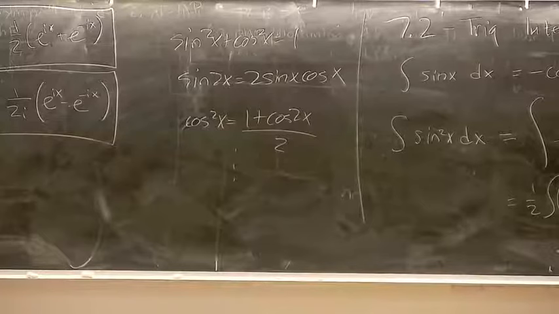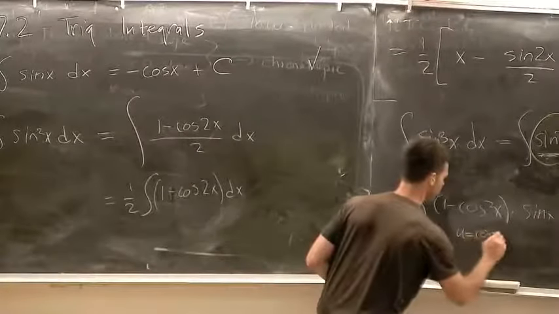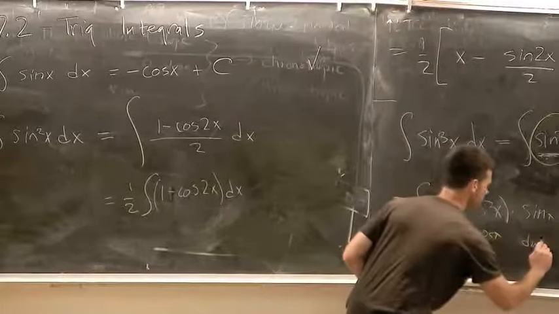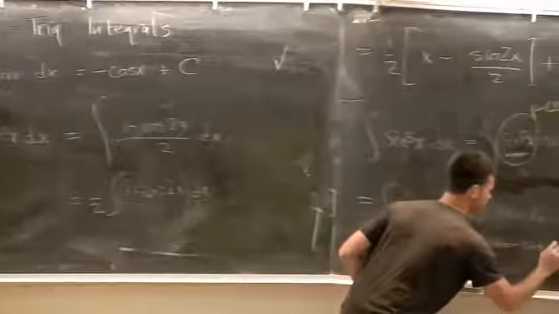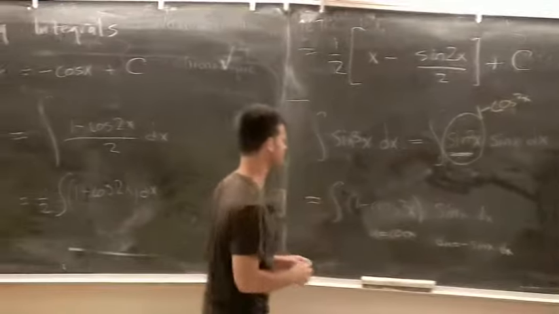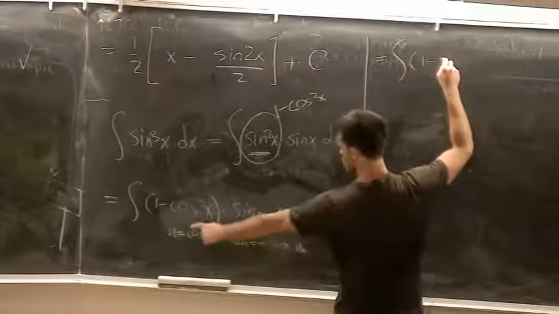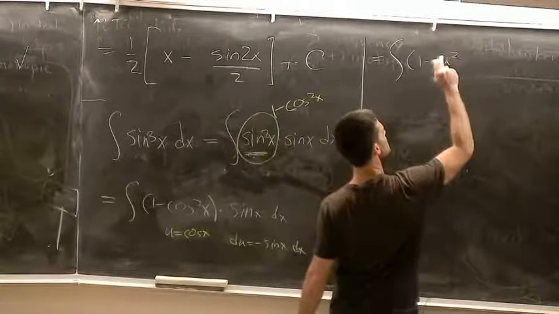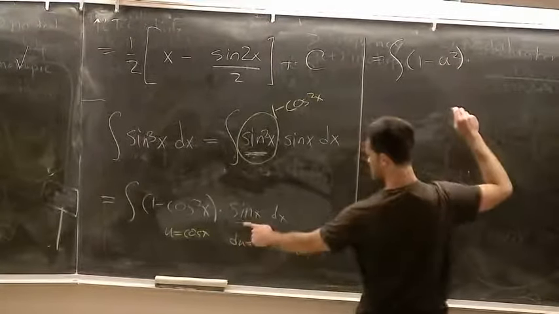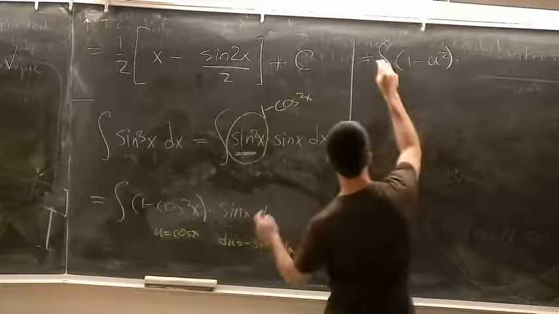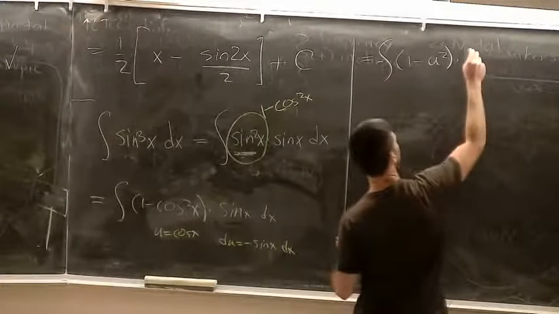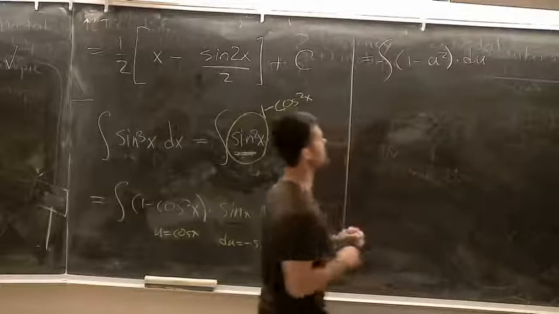Good, u substitution, yeah. So this is the same as if I make the substitution that u is cosine of x, so then du is negative sine x dx. I get a 1 minus u squared. And then that's negative du. So let's put a negative sign in front and the du.